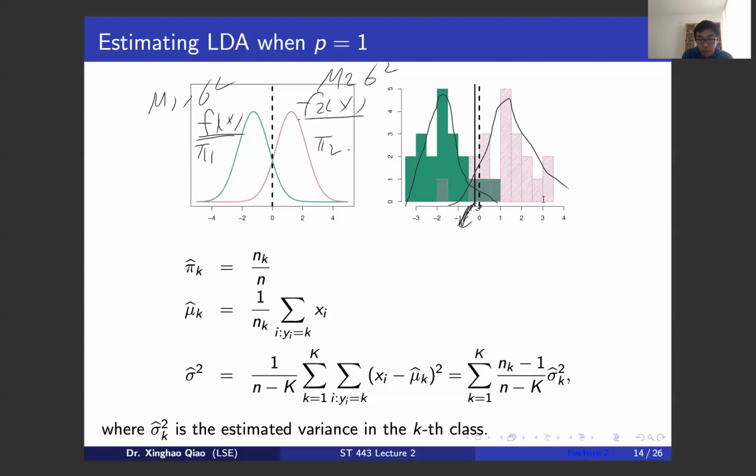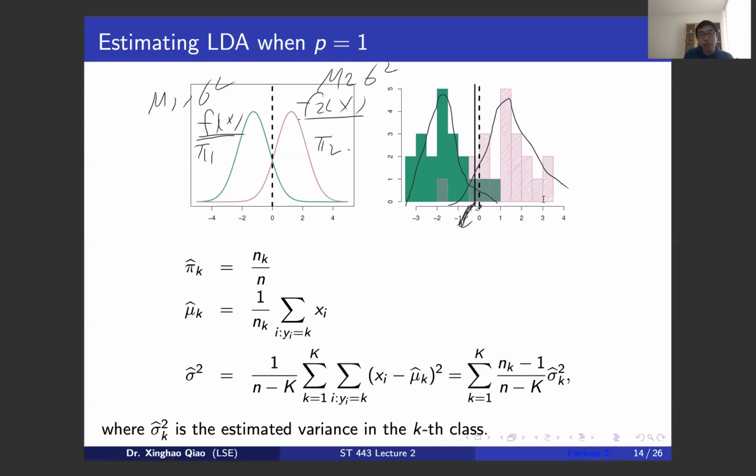So the black solid line and the black dashed line are quite close, meaning that the estimated decision boundary is quite similar to the true decision boundary. And this is very intuitive because we know how the data are generated. We know that the data are generated according to the normal distribution with two possible classes. The first class is f1 of x, and the second class is f2 of x.